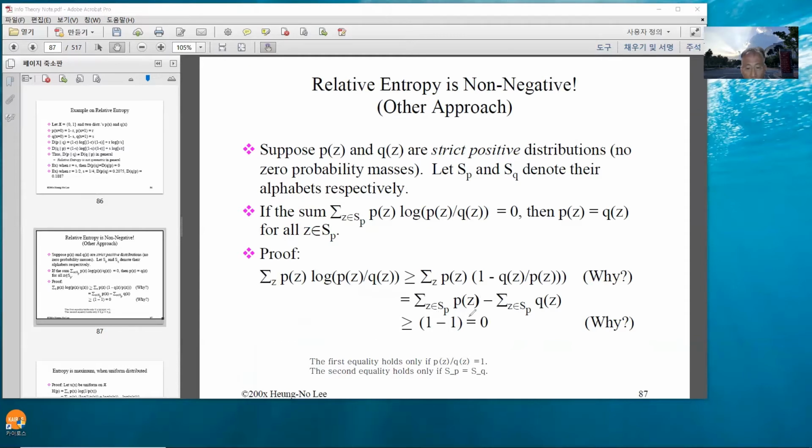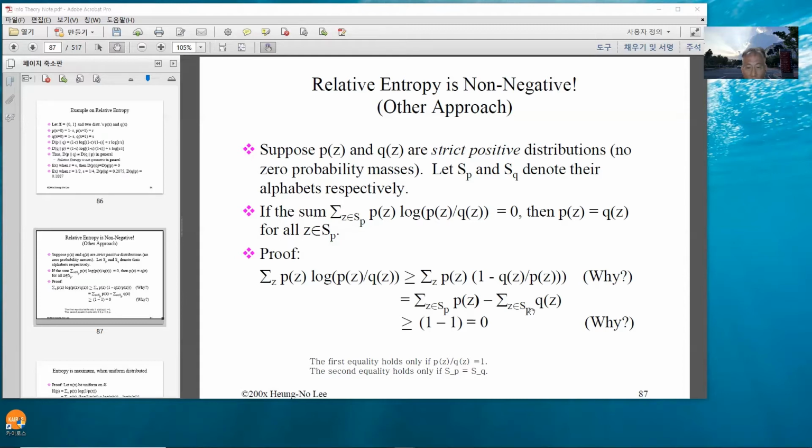And then the second line is an equality. Basically, you apply PZ to the parentheses, then it is PZ minus QZ. And if we separate them, it came out like this. And this one is always 1 because this is the summation over the whole alphabet.